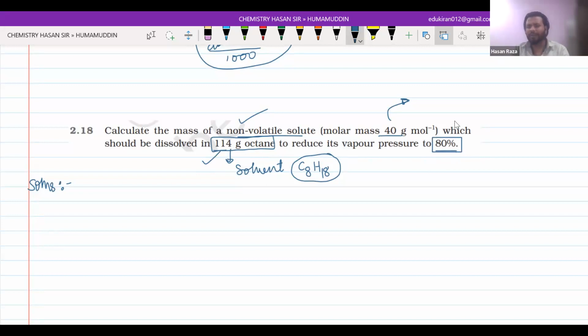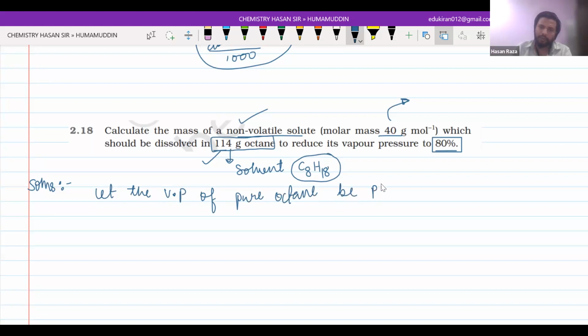That means whatever is the vapor pressure of the pure solvent, it reduces up to 80%. So I'm gonna let the vapor pressure of pure octane or pure solvent be P naught.